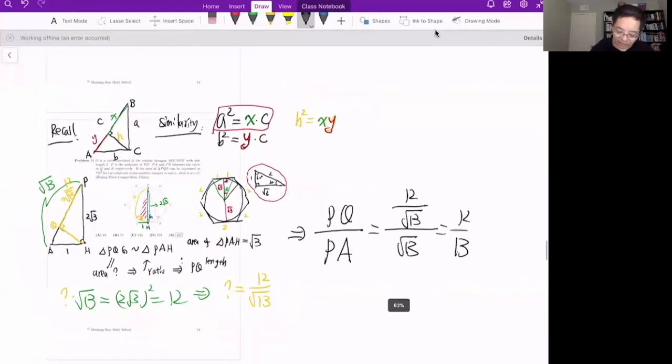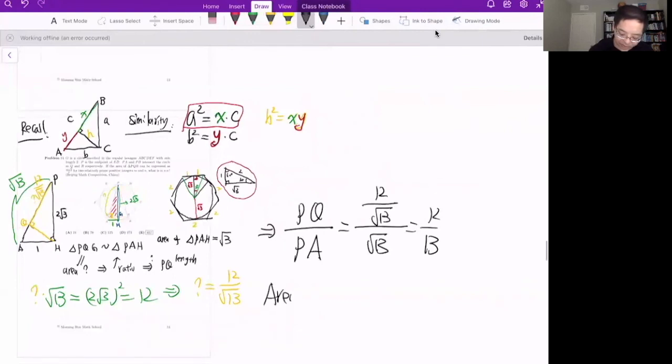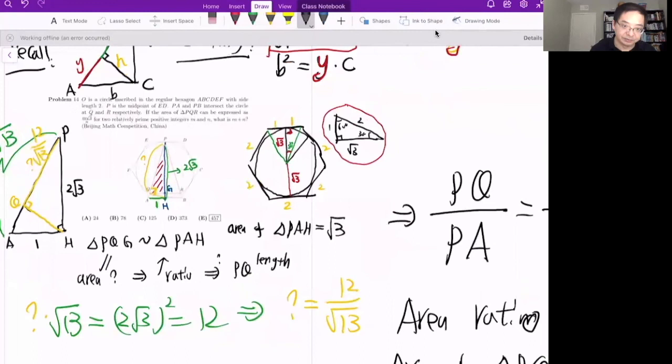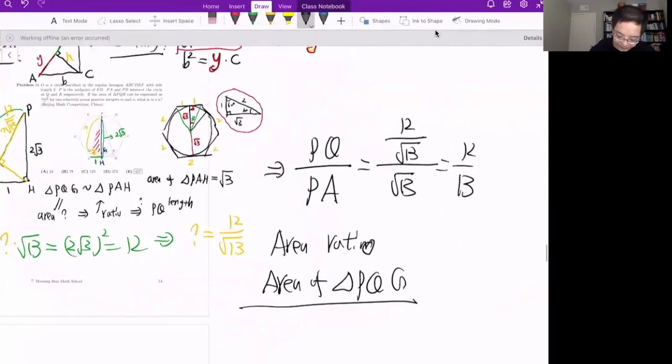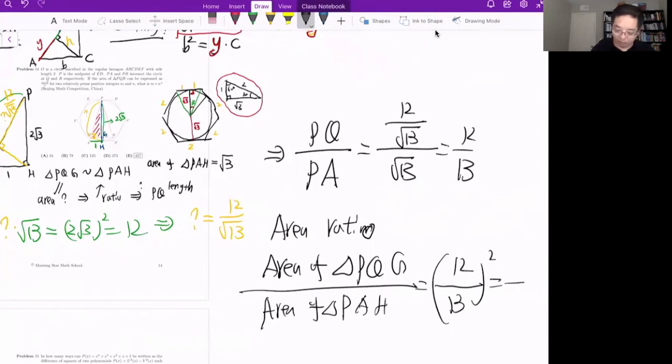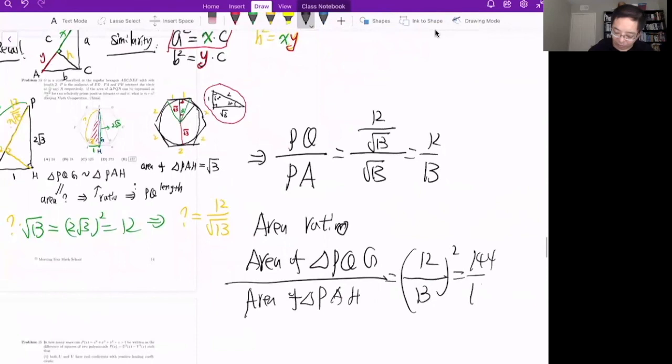Now, if I translate to areas, the area ratio is the square of the ratio between their sides. So the area of triangle PQG over the area of PAH is 12 over 13 squared, that's 144 over 169.